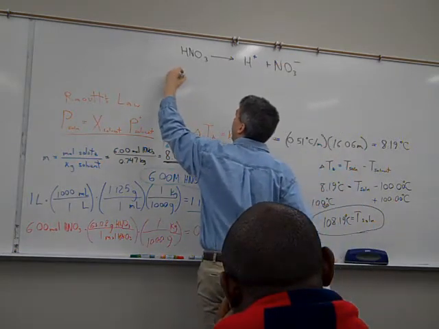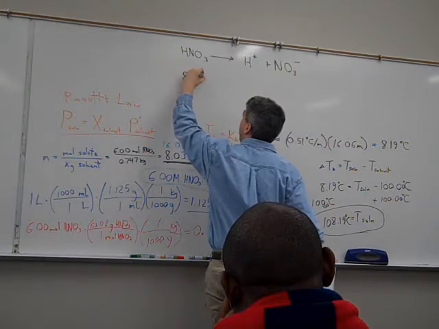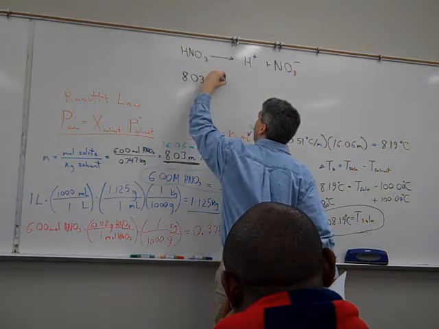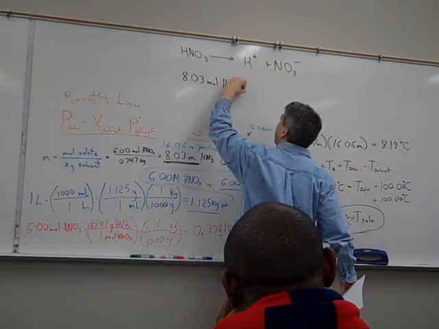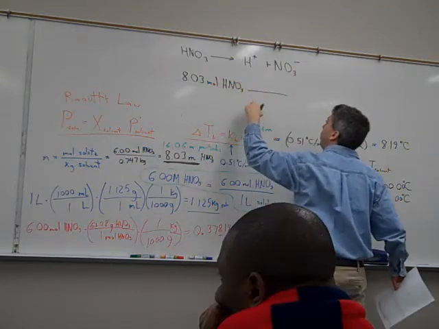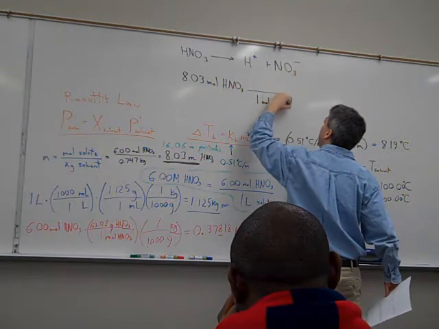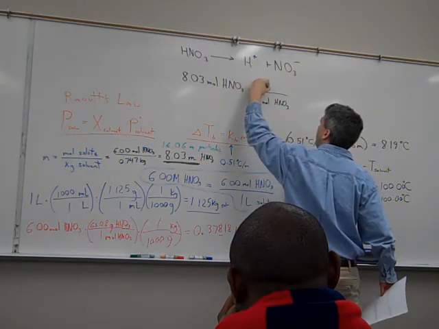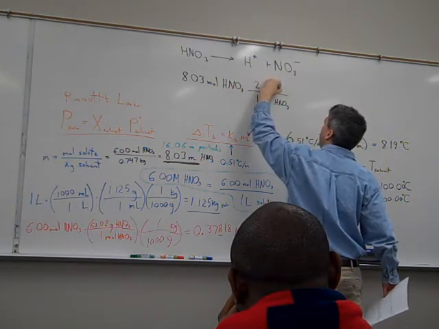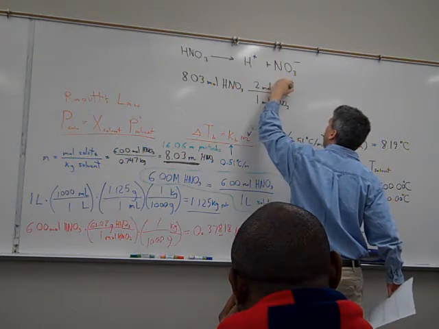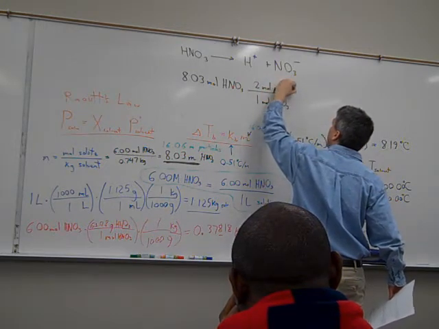So if there's, for example, 8.03 moles of HNO3, for every 1 mole of HNO3, you're going to get 2 moles of particles. 2 moles of ions.